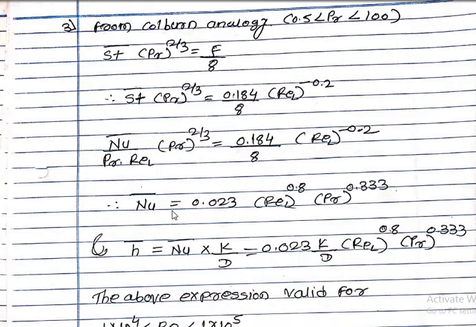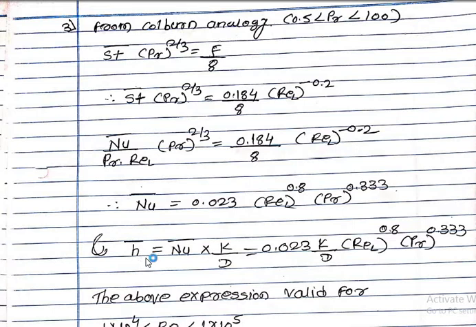Therefore, if you arrange this equation, the average Nusselt number is equal to 0.023 Reynolds number raised to 0.8 multiplied by Prandtl number raised to 0.333. So here we can find on that basis the average heat transfer coefficient from the Nusselt number formula.